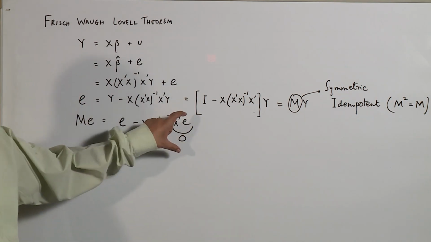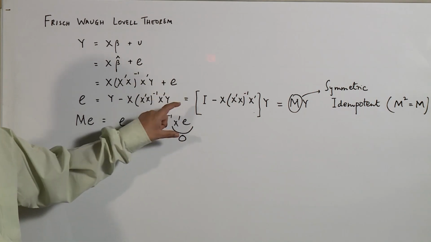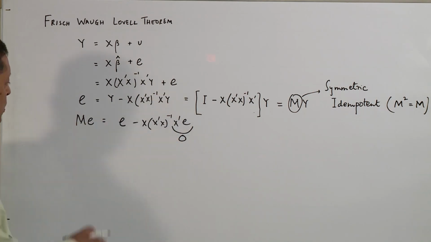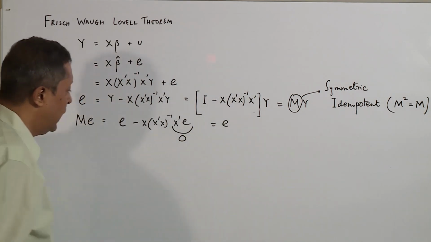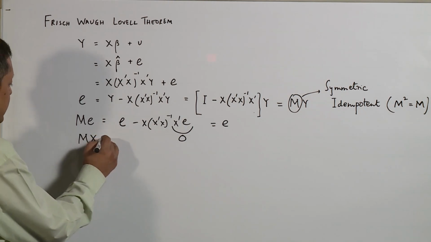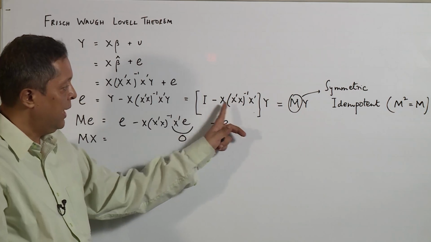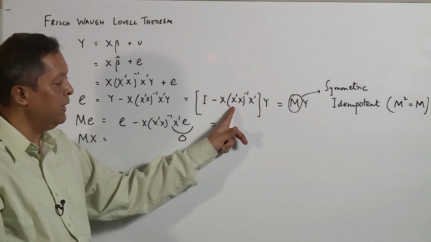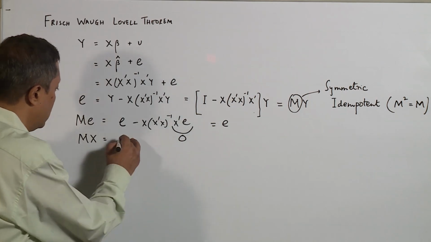That is basically the compact way of writing the normal equations. These were elaborated in the earlier modules. So, M times e is equal to e, and finally M times X, if you multiply this with X, then you have X here, and (X prime X) inverse gives the identity. So, X minus X is 0.